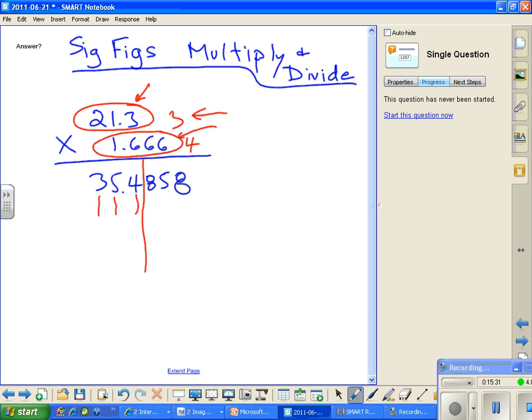Since this was very accurate and this is less accurate, the less accurate one, this guy right here, is the one that's going to limit how good an accuracy we can get in our final number, yes. Yes, we still have to round. In this case, we wound up with a number that was larger than 5 again, and so when we round this, it's going to be 35.5.